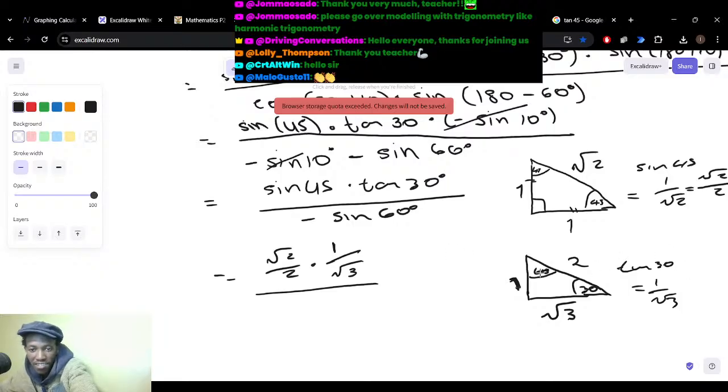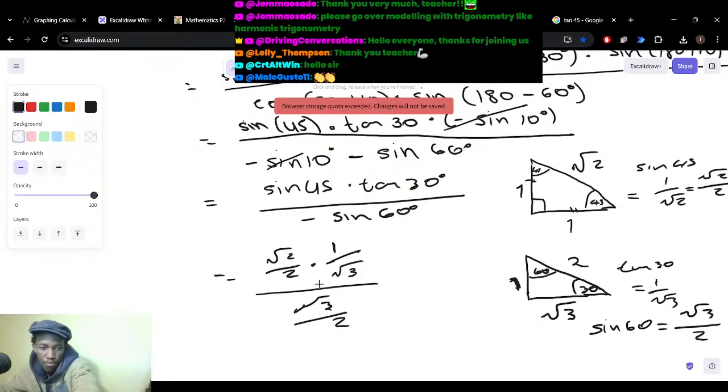So sine 60 degrees, we know that sine is opposite over hypotenuse. Sine 60 is what? Square root 3 over 2, right?